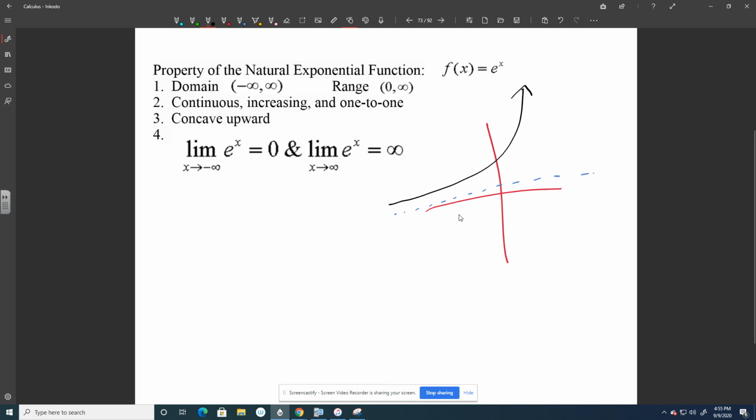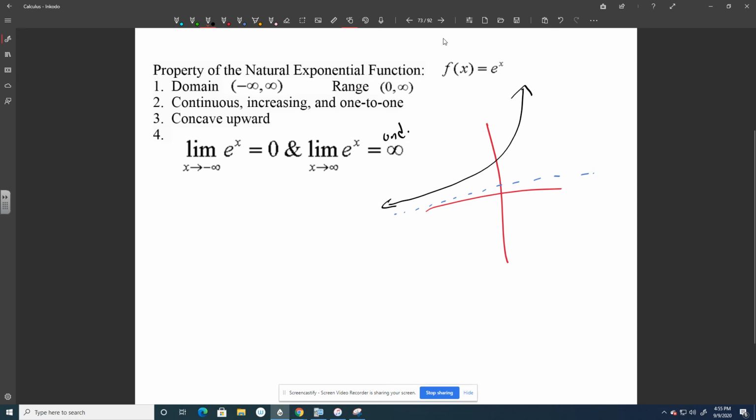So my domain is negative infinity to infinity, because it goes to the left forever and it goes to the right forever. My range, it never hits 0 because of that asymptote, but it does go up forever. It's continuous, it's increasing, it's one to one, and it's concave up. See how from left to right, it's up facing. And then the limit as I approach negative infinity to the left goes to 0. I'm getting closer and closer to 0. As I go to the right, I'm getting closer and closer to infinity, which means that the limit is undefined. It doesn't exist up there, okay?